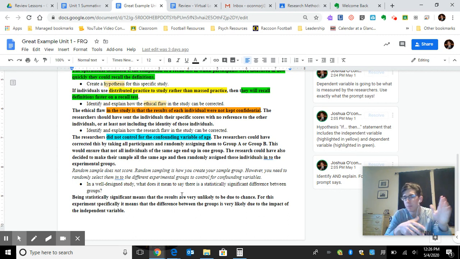That means the p-score is less than 0.05. That means there's a very small probability it occurred by chance. What that means is it's very likely that the results were caused by your independent variable.